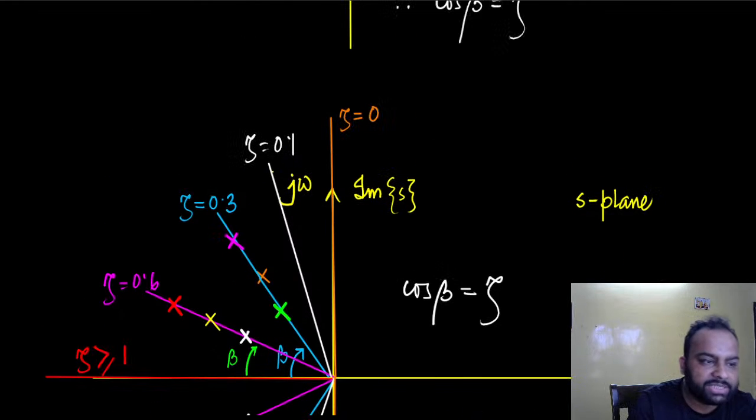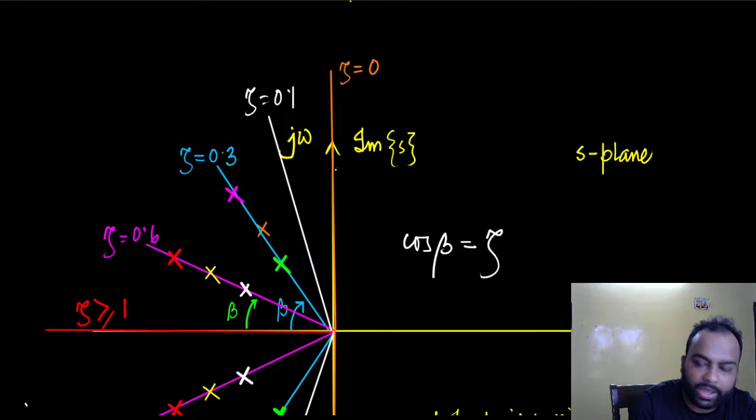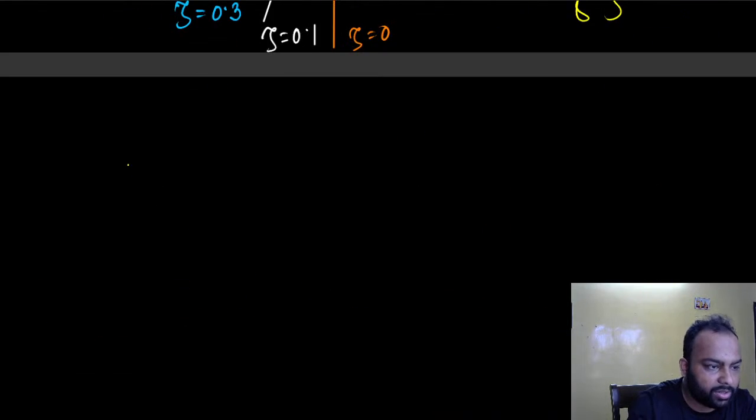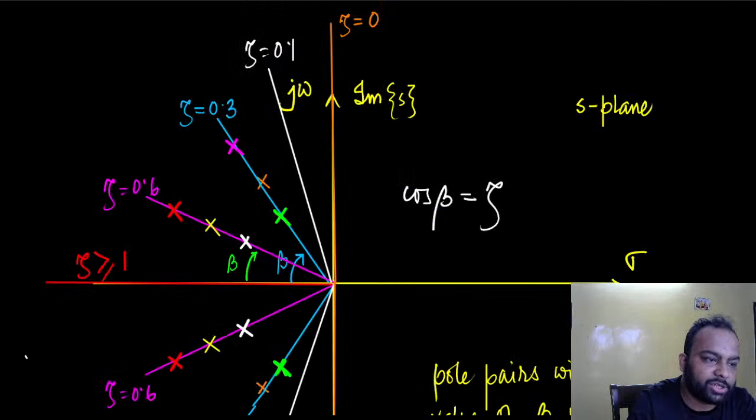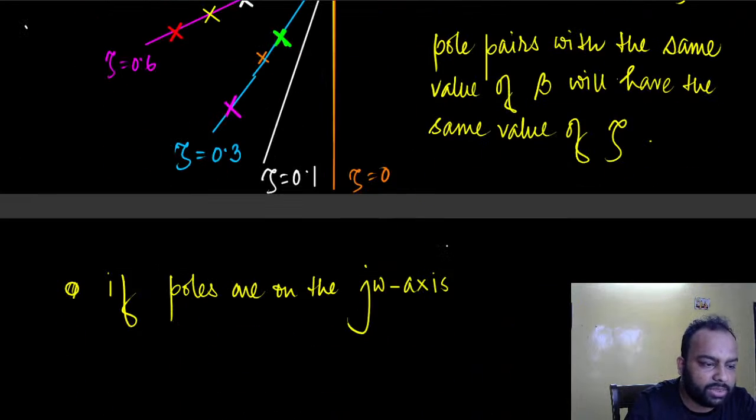So if the poles are on the j omega axis, it's an undamped situation, right? So what is the j omega axis? Of course, this vertical axis, right? Poles are on the j omega axis.